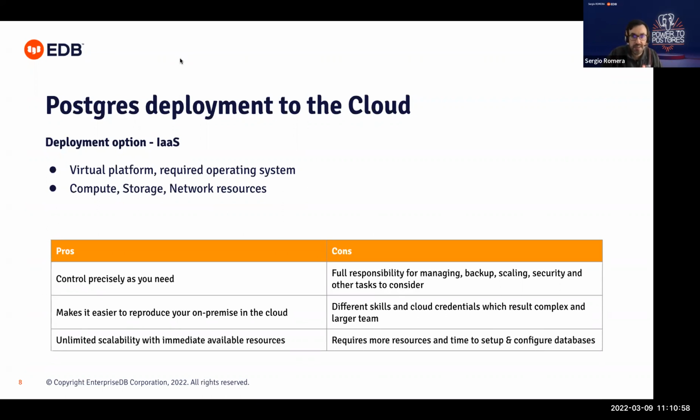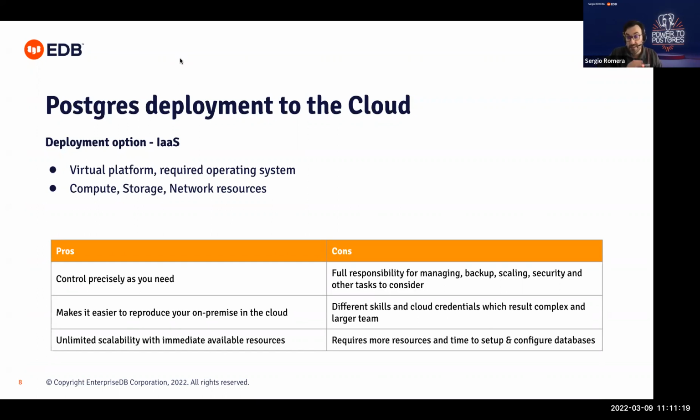Another important point is that you can have unlimited scalability in your environment. Why? Because you can add more virtual machines to your infrastructure, and you can deploy your databases, scaling out your database through the virtual machines.